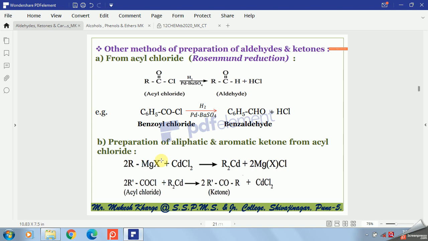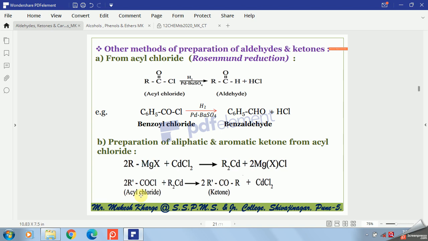Then preparation of aliphatic and aromatic ketones from acyl chloride. To prepare that, we use RMgX or Grignard reagent. Alkyl magnesium halide is called Grignard reagent. That reacts with CdCl2, cadmium chloride, and it gives dialkyl cadmium as a main product. Check the reaction.